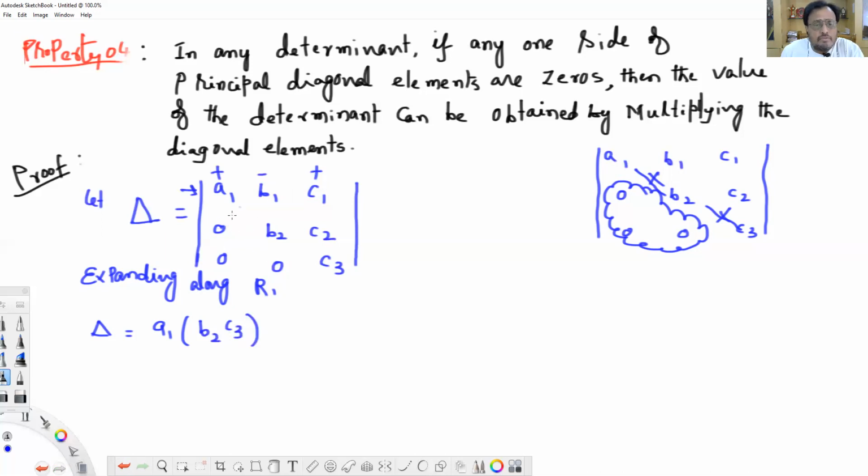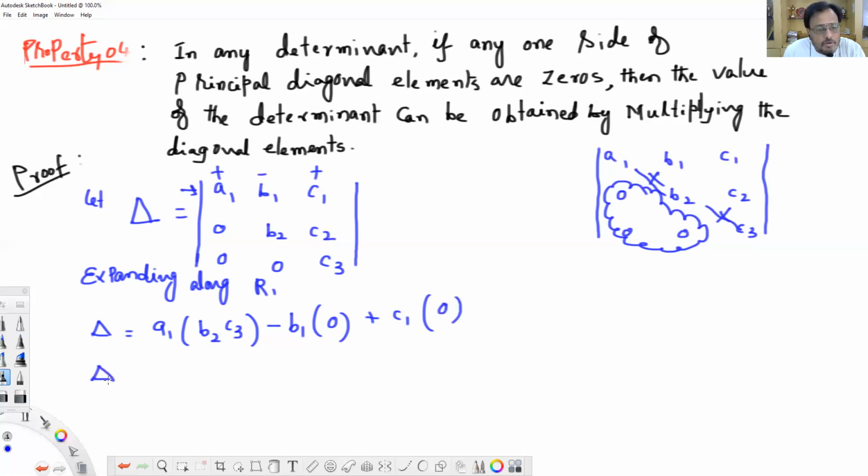Then minus B1 into the determinant with 0 0, plus C1 into the determinant in which the row and column containing the element are deleted, 0 minus 0, that is 0.